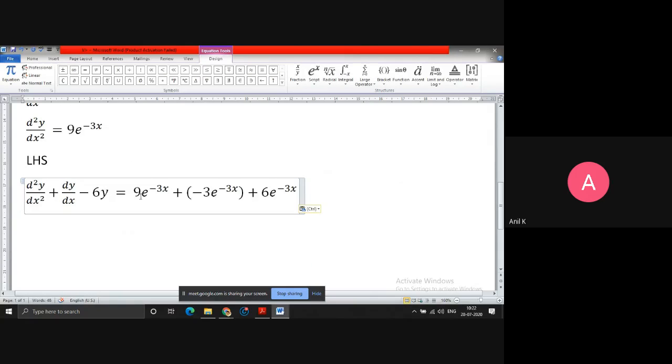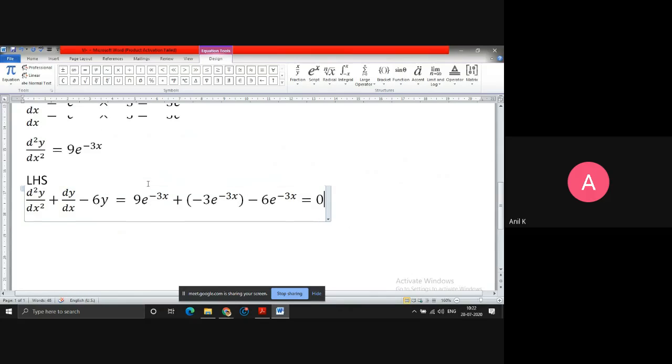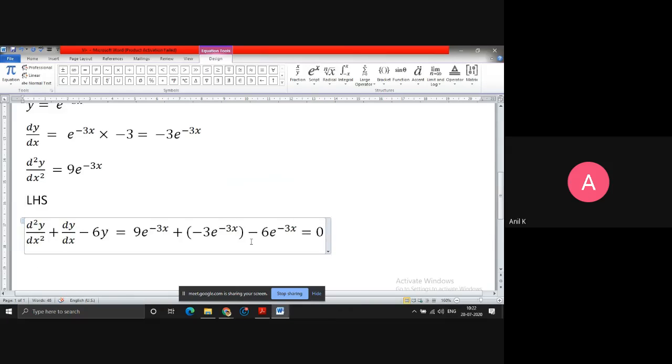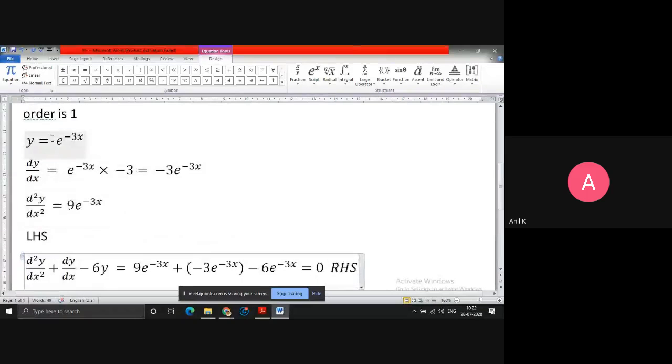You can see here, sorry, this is minus 3, this is minus 6, it will become minus 9 e power minus 3x, and this is plus 9 e power minus 3x. So the answer is going to be 0. Whatever I got, if I substitute, I am getting the RHS. It is satisfying the equation. So hence I can conclude y equals e power minus 3x is a solution of the given differential equation.